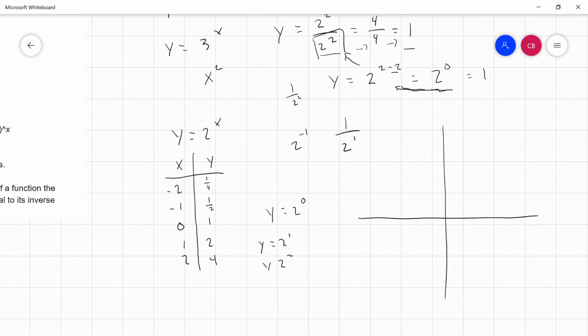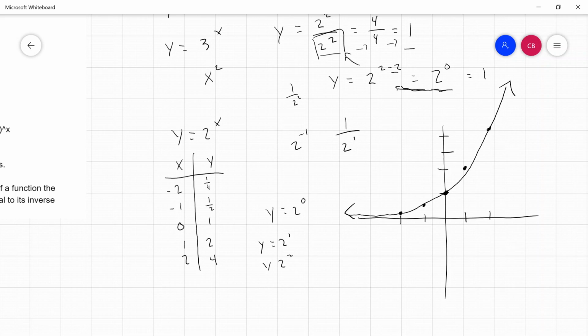We've got -1, 1/2. Here's -1, here's 1, here's 1/2. We have -2 and 1/4, that's probably right there. We have 0 and 1, and we have 1 and 2, and 2 and 4. And our graph does something kind of like this.